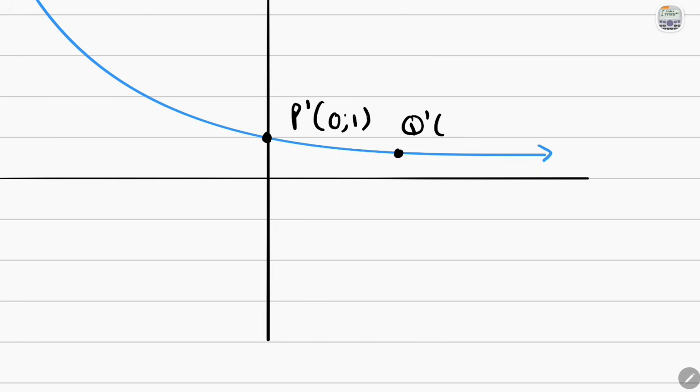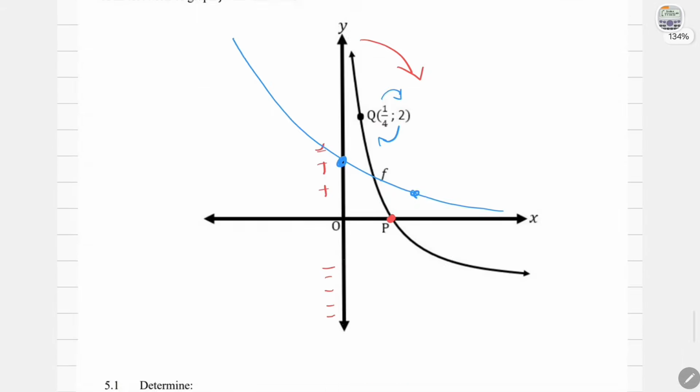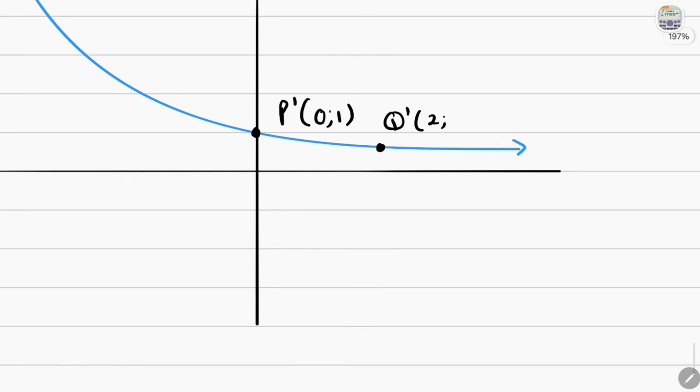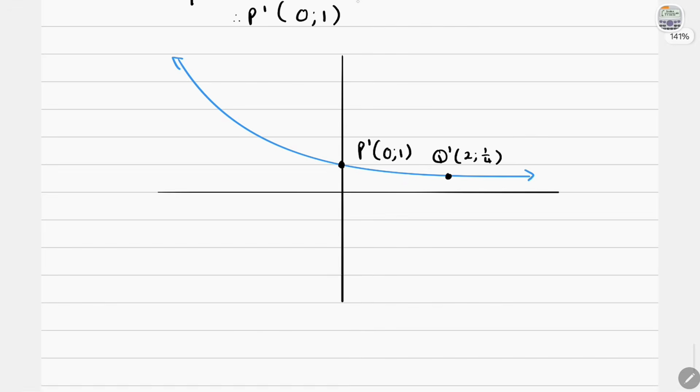That one was (1/4, 2), so it's going to be (2, 1/4). You can make it a little lower than the y-intercept, because this one has a y value of 1/4. So that's what our graph would look like, and we can just say that is h. They didn't say anything about asymptotes, so we can just leave it like this. And that is our graph.